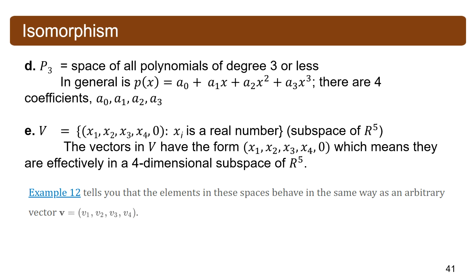This is a subspace of R raised to 5. So the vectors in V have the form x sub 1 up to x sub 4, which means they are effectively in a 4-dimensional subspace. The last one is 0. So the variables here are 4. So the dimension of the subspace of R5 is 4.